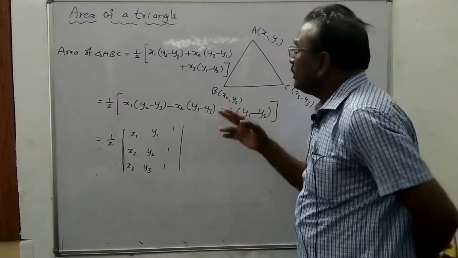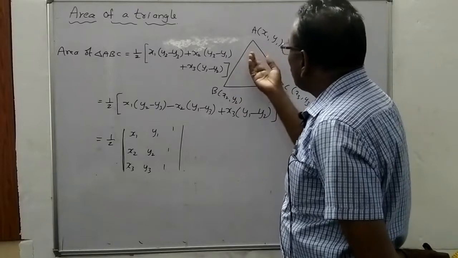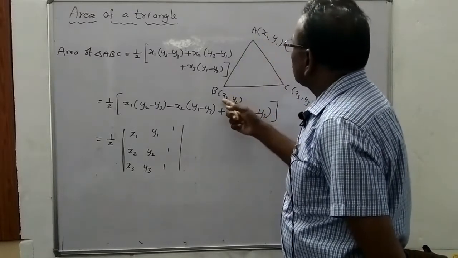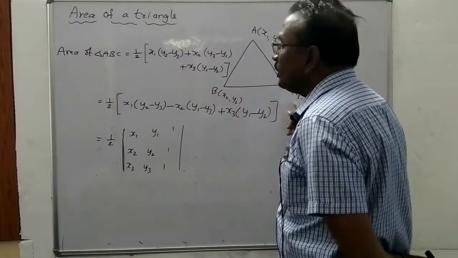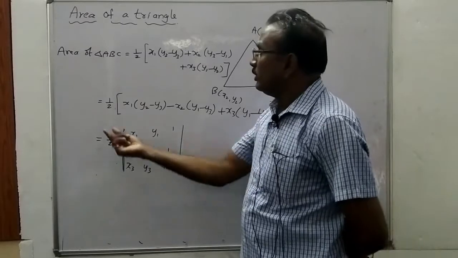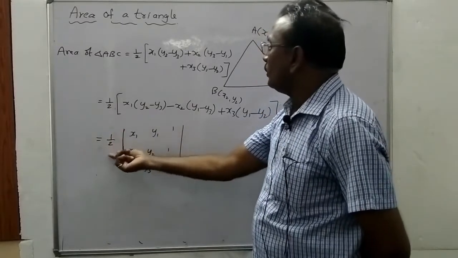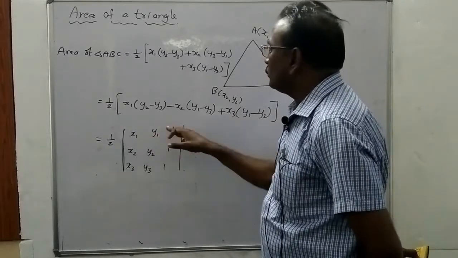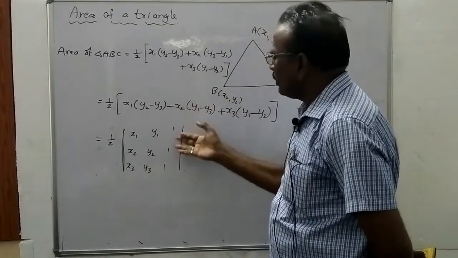So what is the formula? If the triangle has vertices (x1, y1), (x2, y2), (x3, y3), then using determinants, the area of triangle ABC is equal to half into the determinant with rows x1, y1, 1; x2, y2, 1; x3, y3, 1, where the third column is fixed as 1, 1, 1.